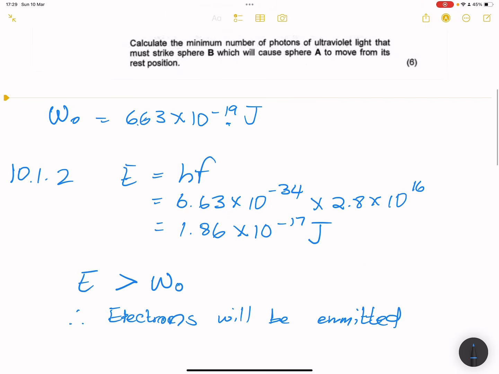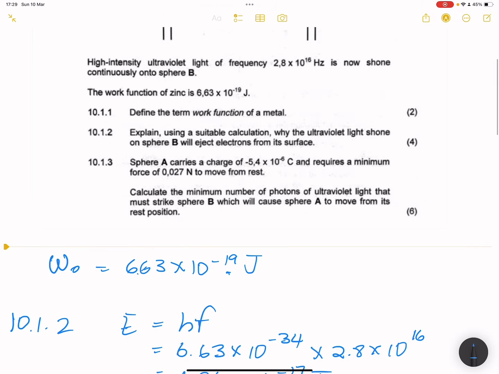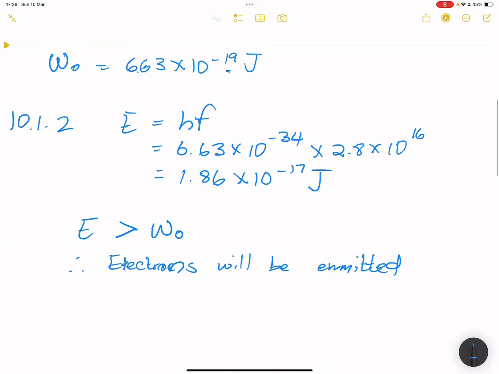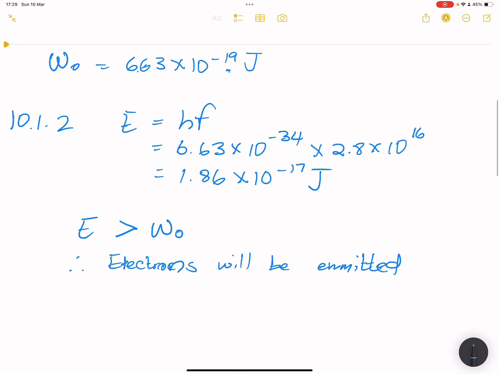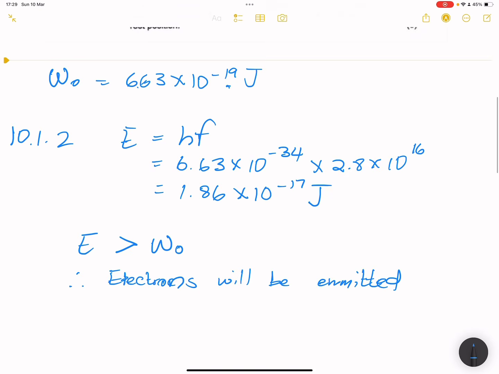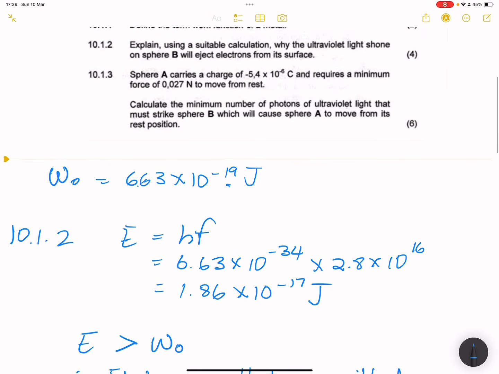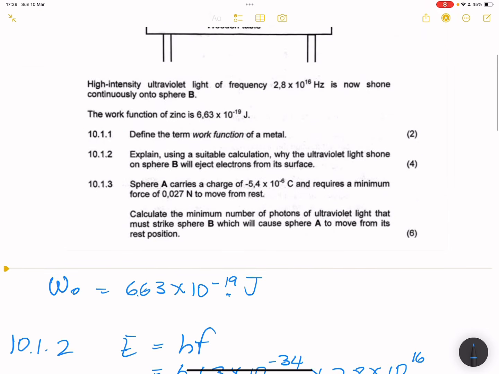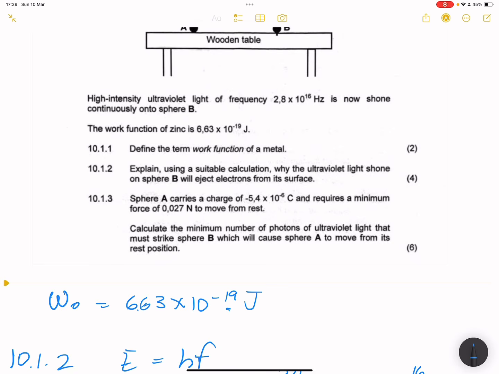Right, anyway, going on to the next question. Another way in which you could have done this is you could have proven that the frequency of the photon, the frequency of ultraviolet light, is greater than the threshold frequency.